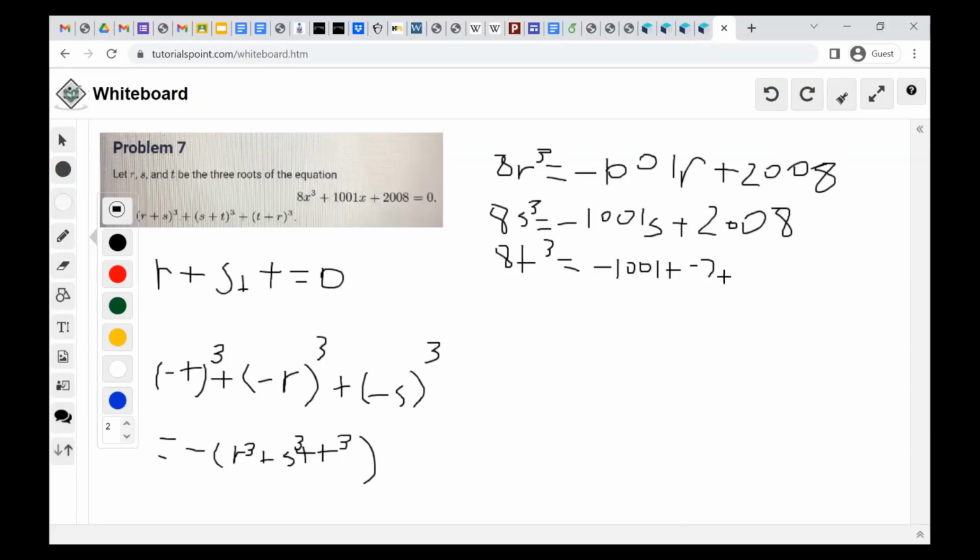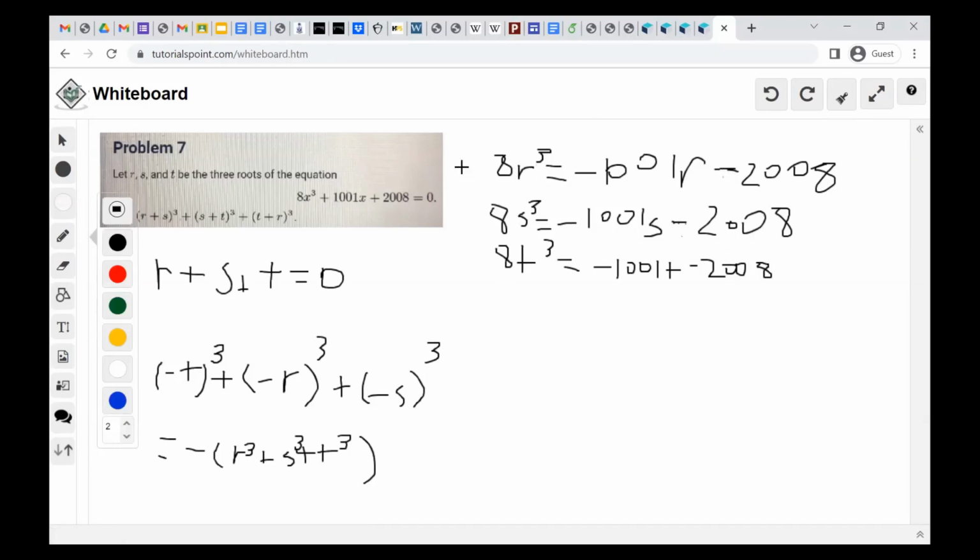Oh, minus 2008, my bad. It should be minus 2008. Let's erase this. Minus, not plus, because we know that, for example, 8s cubed plus 1001s plus 2008 is 0.